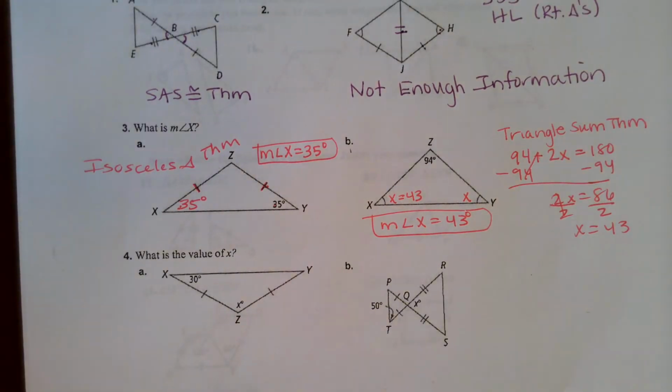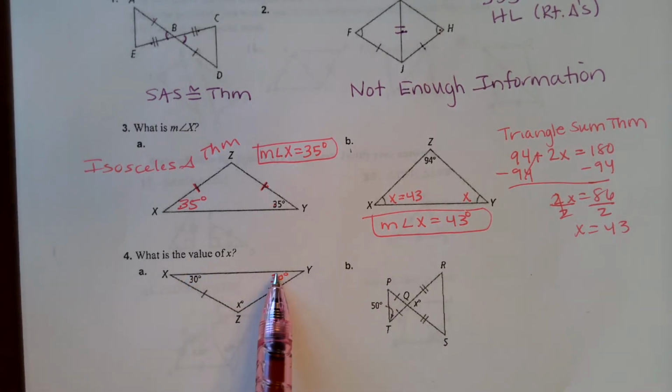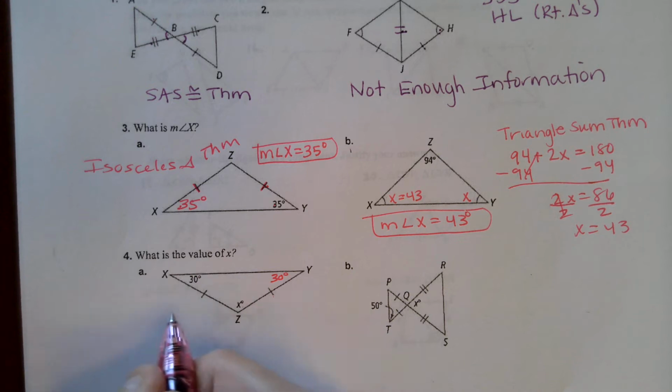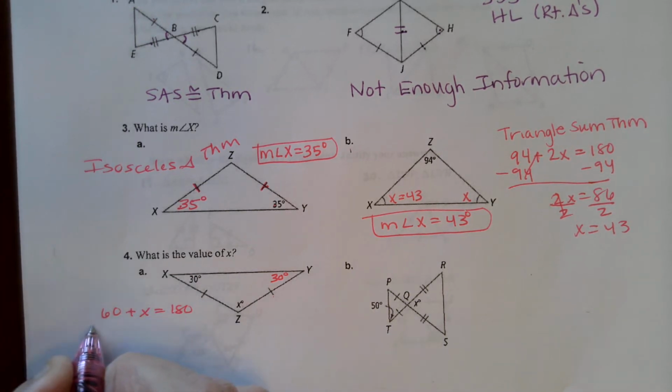What is the value of x? Okay, so analyze what you have. I have an isosceles triangle. Again, only it's upside down. So the base angles would be the same, so that's 30 and 30. Again, I know that triangle sum theorem tells me these all add up to be 180. So 30 plus 30 is 60, plus x equals 180.